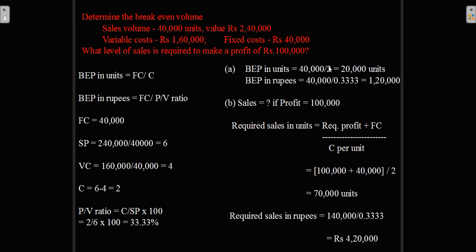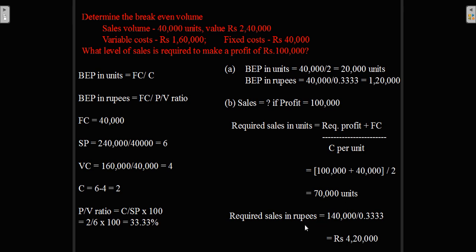Moving on to the second part of the question. How much sales should you make to make profit of 1 lakh? So the formula for this is required profit plus fixed cost divided by contribution per unit. Required profit is 1 lakh, it's given, plus 40,000 fixed cost divided by contribution 2 rupees is equal to 70,000 units.